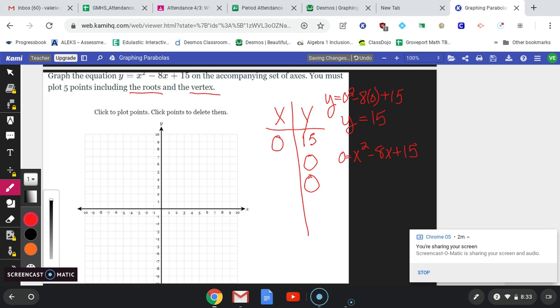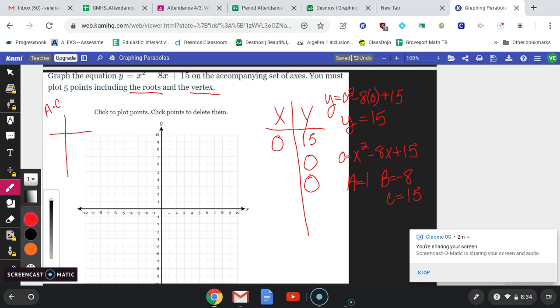Remember now we need to factor. So we're going to need to make a chart for factoring. There's not a lot of room here, so we're going to have to erase. But I want a times c. So I want the factors of a times c, which remember here, if we pull them out, a equals 1, b equals negative 8, and c equals 15.